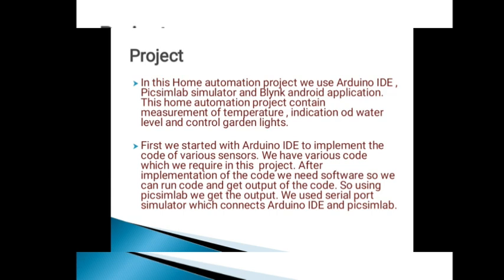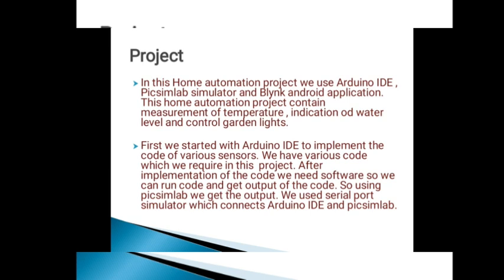Now comes to the project. In this home automation project, we use Arduino IDE, PICSimLab simulator, and Blynk Arduino application. That means we have used these two, the PICSimLab simulator and the Blynk Arduino application.